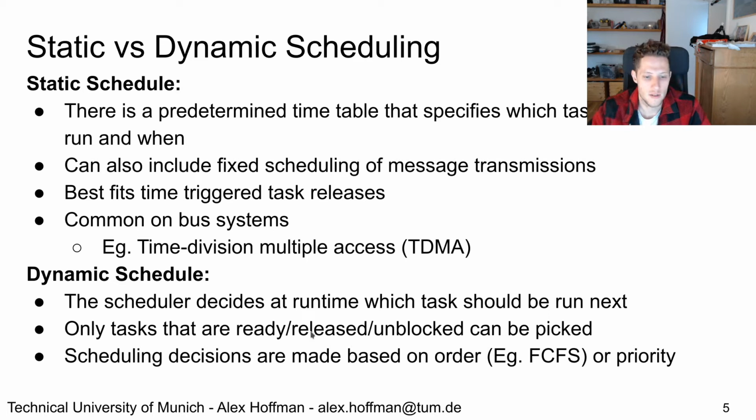You're handling the release mechanisms, but the scheduler will on the fly pick one of these tasks and put it onto the CPU, rather than following some predefined order that has been specified at compile time, meaning when the system was actually created. It does this dynamic checking and releasing of tasks based off of dynamic events or dynamic timings.